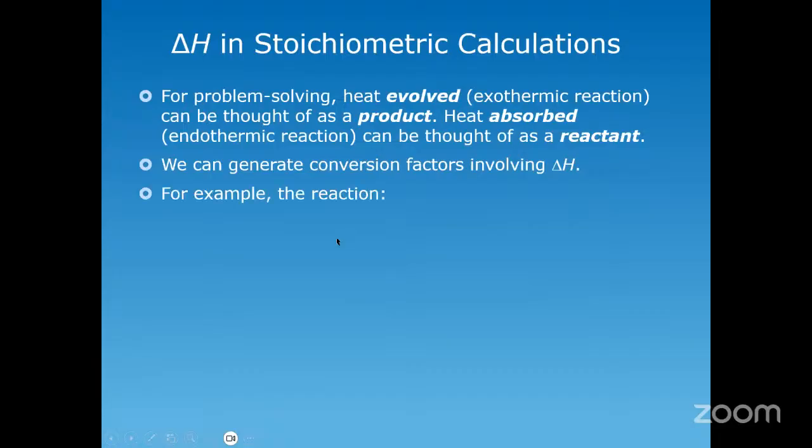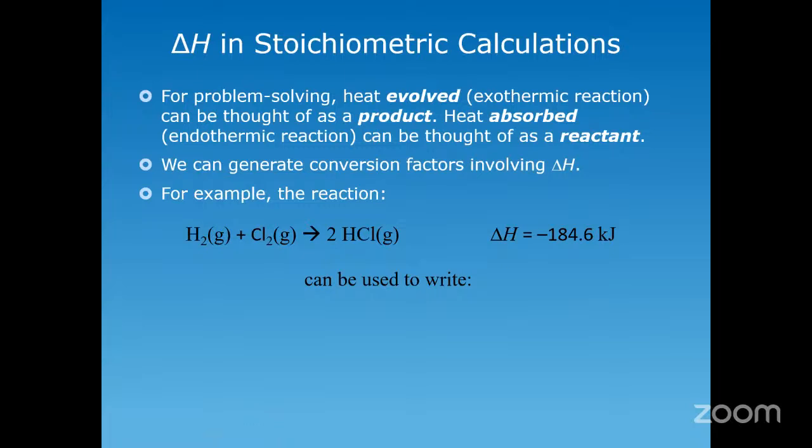value, right? So for example, if you look at this reaction, the reaction of hydrogen and chlorine to form hydrogen chloride, the enthalpy change of that reaction was measured to be minus 184.6 kilojoules. Then you can use this along with the different terms here and their coefficients to write down conversion factors.